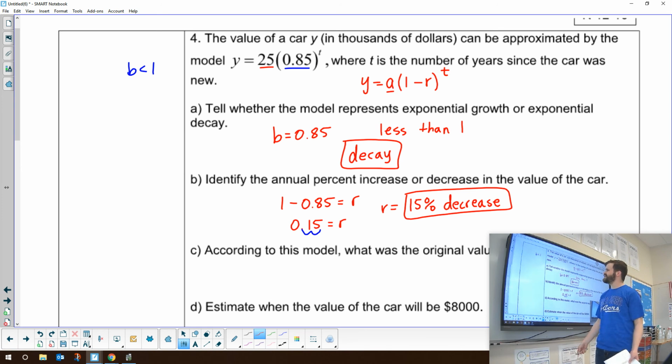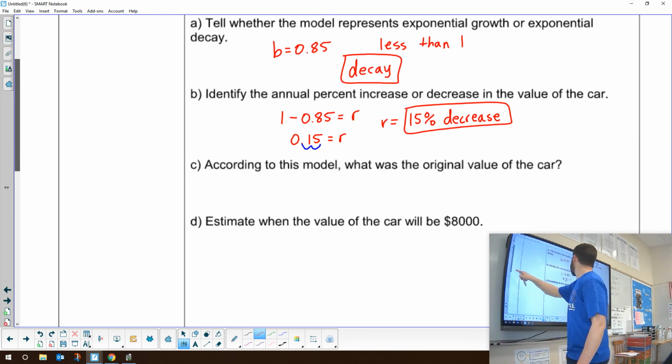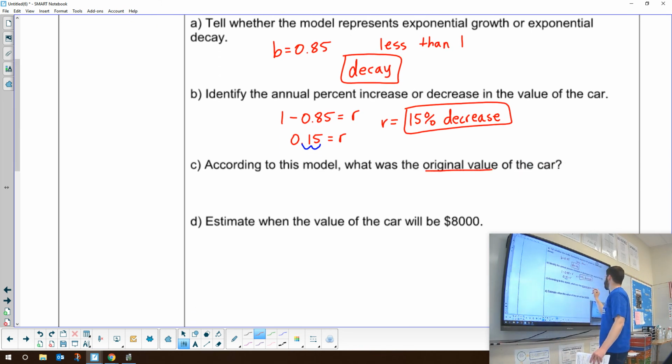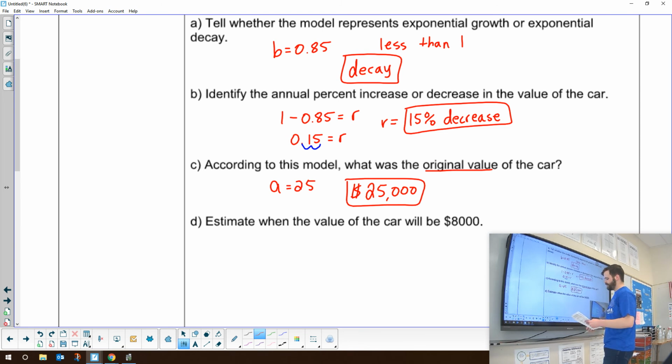So what is this hiding? Well, if we look back at our problem, it says Y in thousands of dollars. So that's not just 25, that is 25,000. My original value is going to be my A, and my A is 25, but that's actually saying $25,000. Okay? So that's what that's going to be.